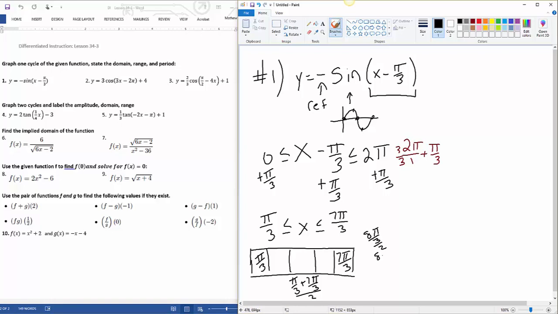And then multiply, so you get 8 pi 6, and then the 8 and the 6 reduce, and so I'm going to get 4 pi thirds. Now I need to add these two together and divide by 2, so that's going to give me 5 pi 6. And then I need to add these over here together and divide by 2, so 4 pi thirds plus 7 pi thirds all over 2 is 11 pi 6.